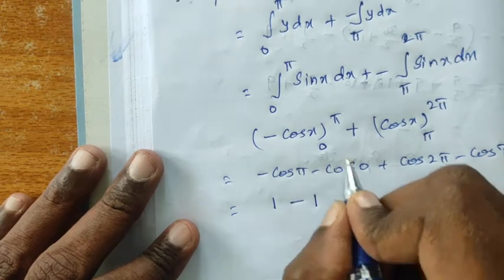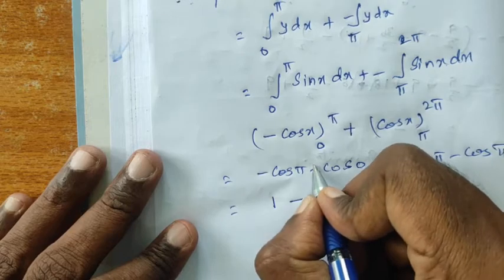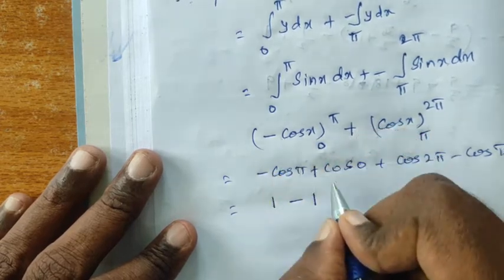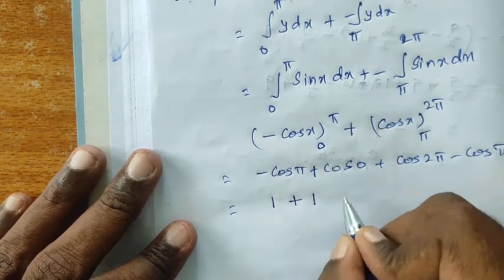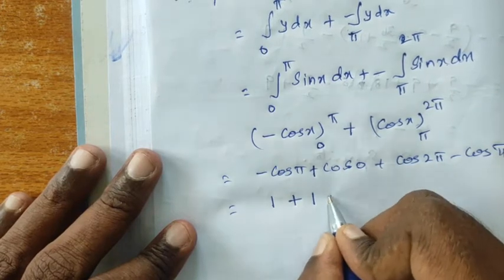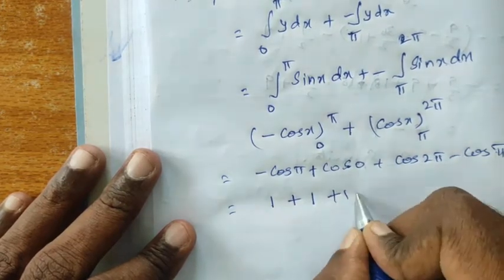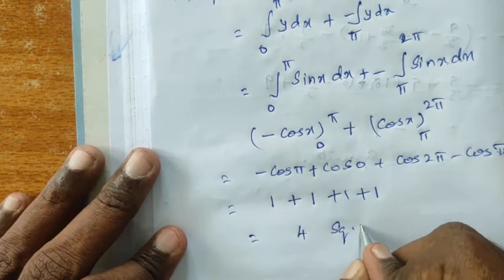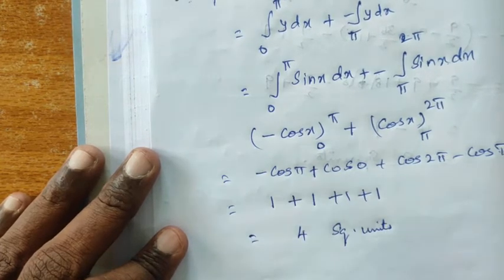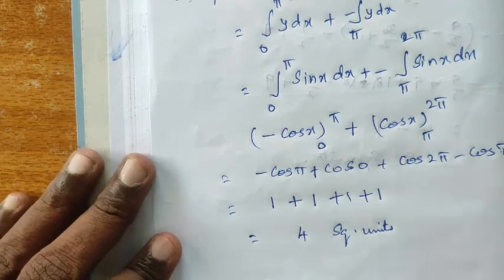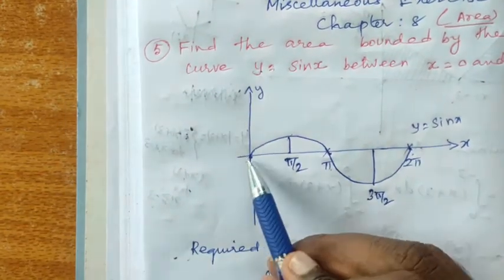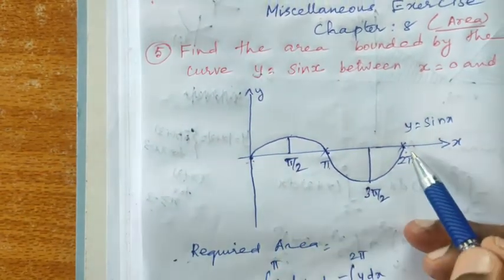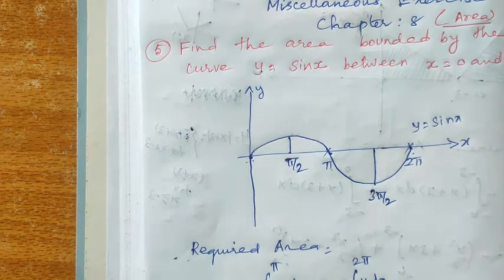Applying the lower limit we have a minus, so plus cos 0, plus 1, cos 2 pi is 1, cos pi is minus 1, minus into minus is plus. So 4 square units is the area of the region bounded by the curve y equal to sin x, x equal to 0, x equal to 2 pi and the x-axis.